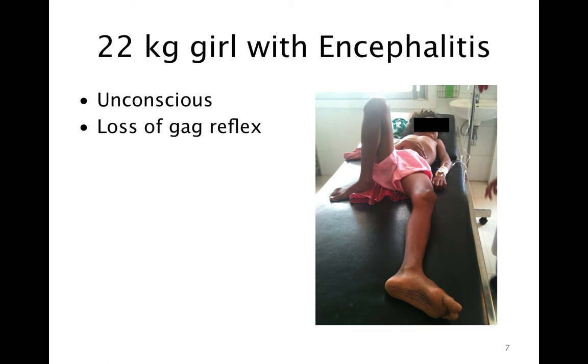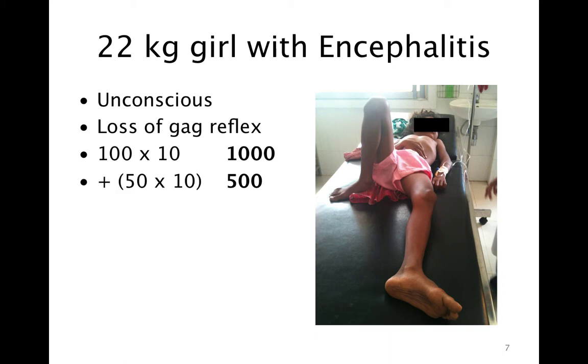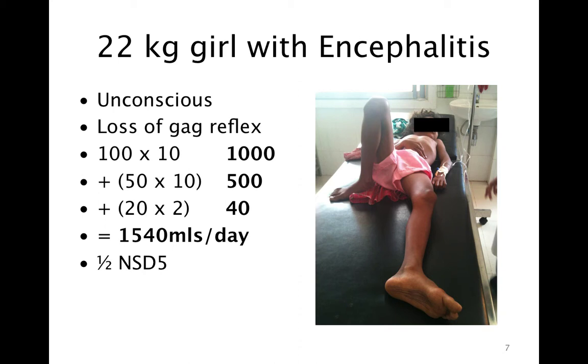How would you calculate her maintenance fluid? 100 ml for the first 10 kg, 500 ml for the next 10 kilos, plus 20 ml multiplied by 2 kilos. This equals a total of 1,540 ml of half normal saline 5% dextrose a day.